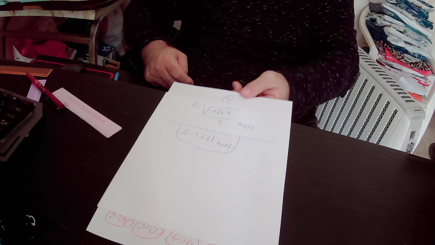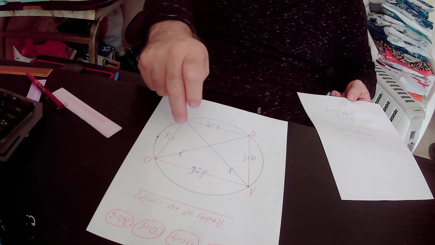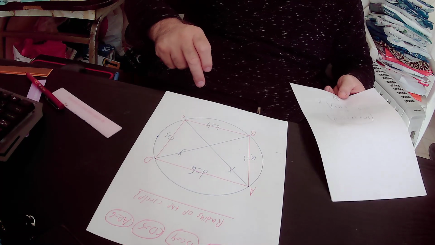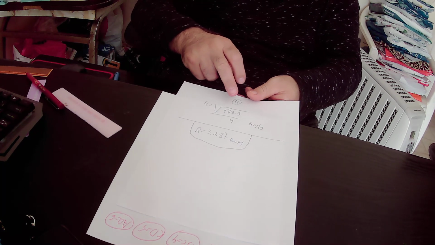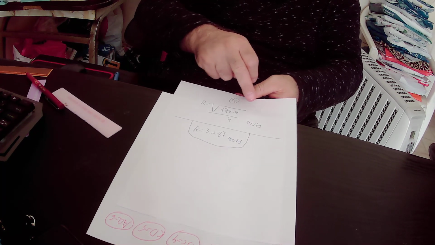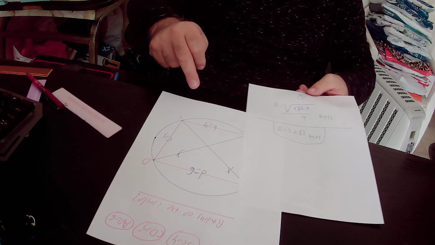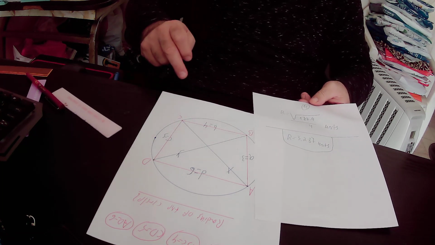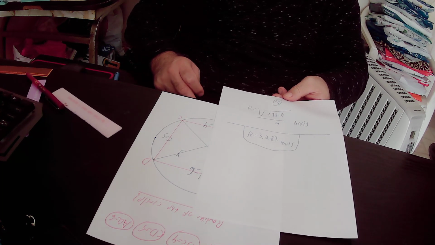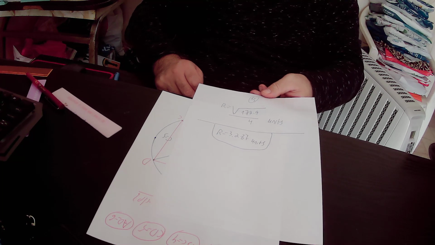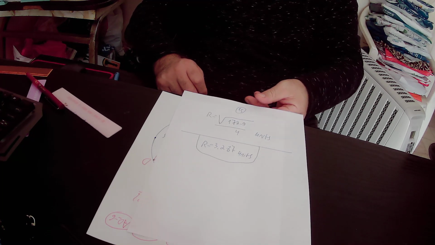I'll repeat again. The radius of this circle equals the root of 172.9 over 4 units, or in terms of numbers, 3.287 units. Okay, thank you very much.